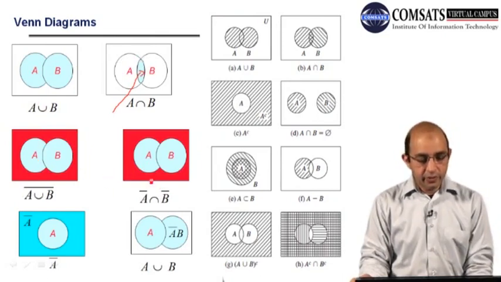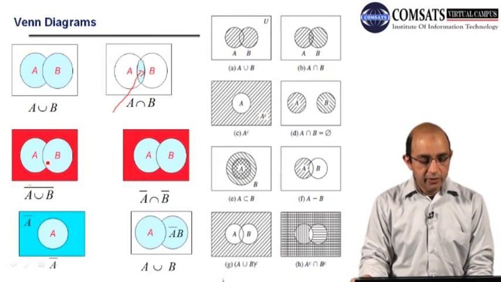Whenever you talk about the complements, over here we have A union B, which is this area enclosed by these two circles.